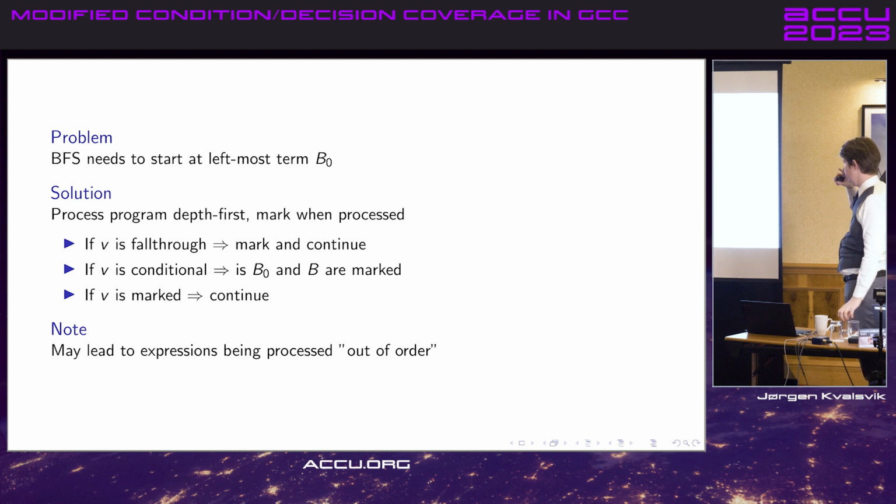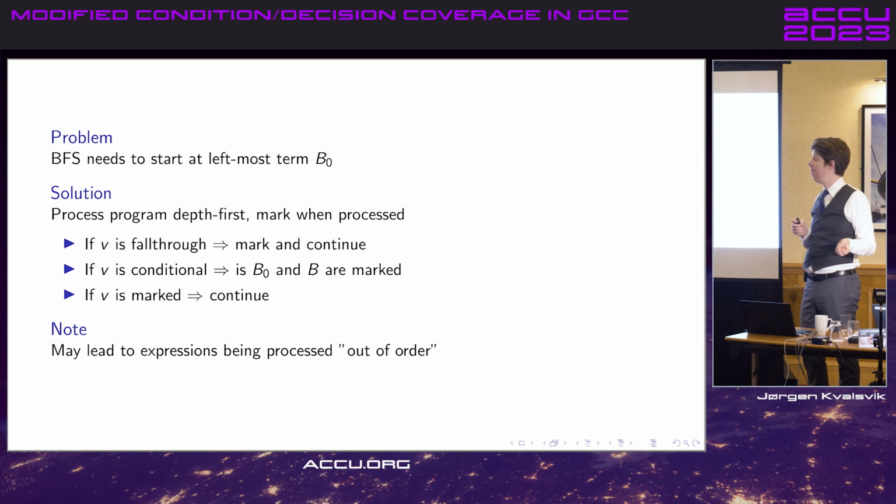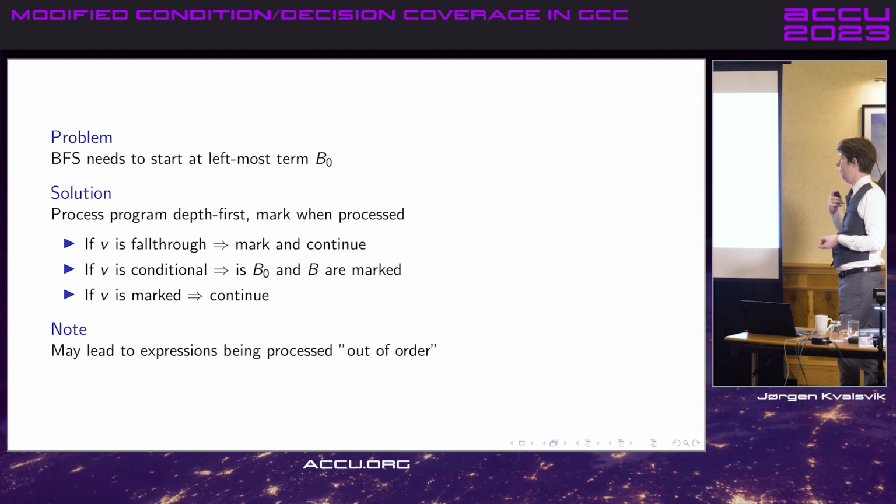So another problem is that in order for this to work, your search has to start at the leftmost term in the expression. This is actually very easy to solve as long as you process your control flow graph in depth first order. Whenever you have processed a node, you mark it.